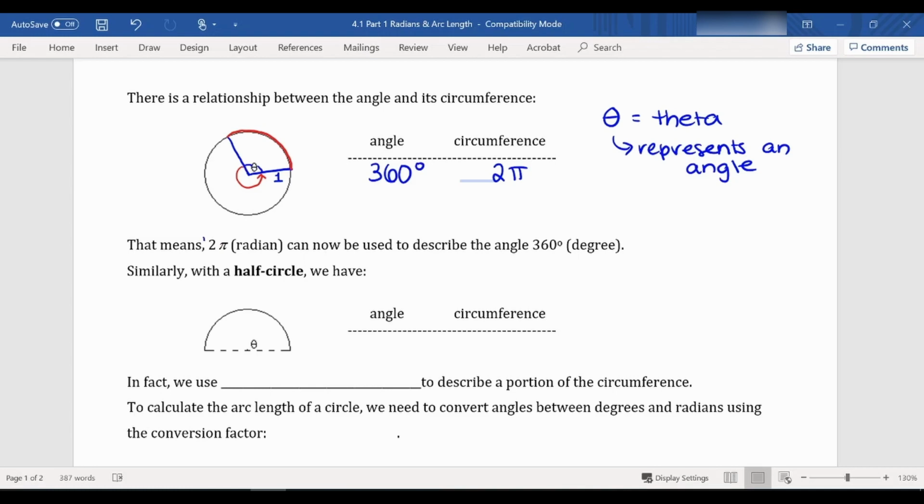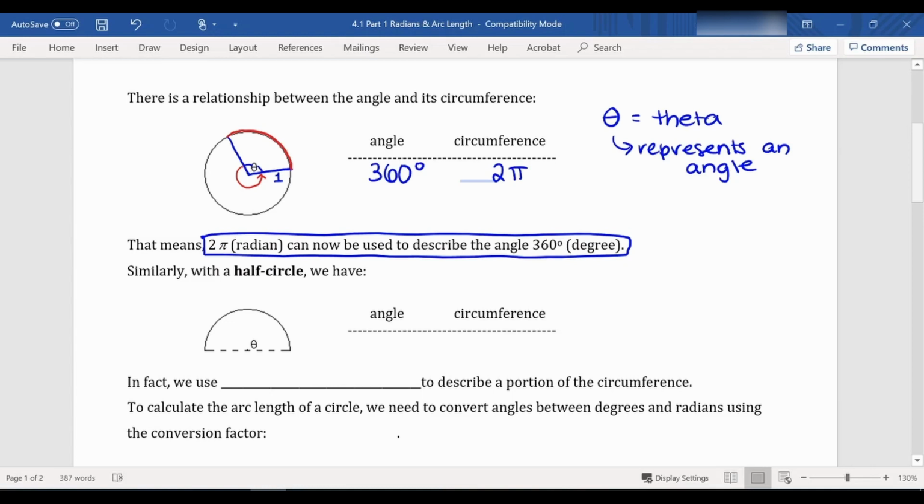So 2 pi radians can now be used to describe the angle 360 degrees. And how that came about is by looking at the circumference of a circle of radius 1. So basically, when you travel along 1 radian, that's going to be a specific distance along the outside of our circle.